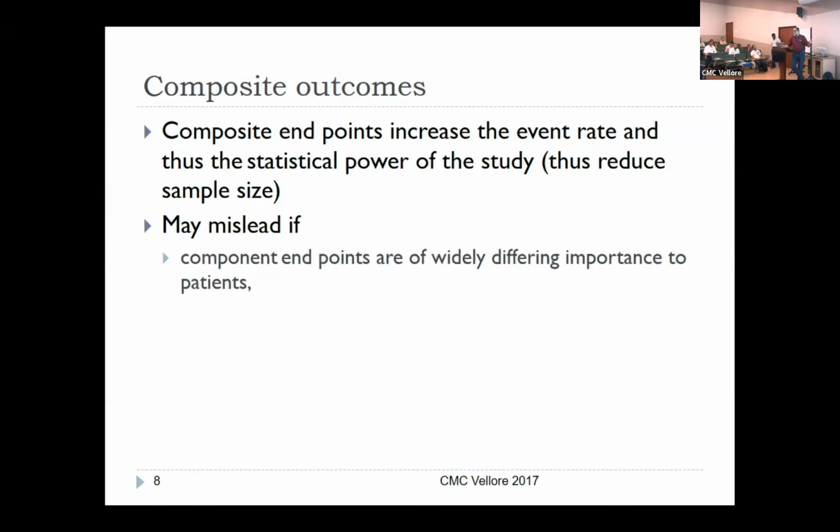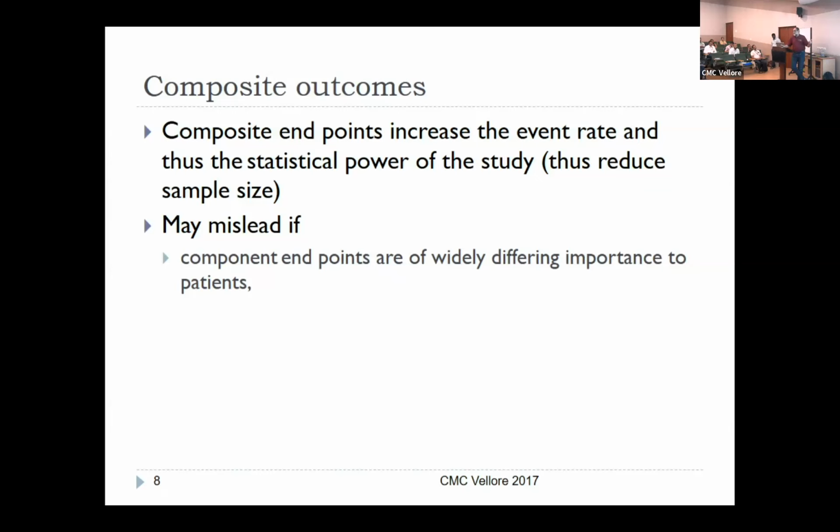You get a large number, you may get a significant result, but it may be driven by the chest pain, not by death. What is more clinically important to you? Not the paper being published. What is most important to you should be what is most important to the patient. Death is what the patient cares about. Little chest pain is not as important.